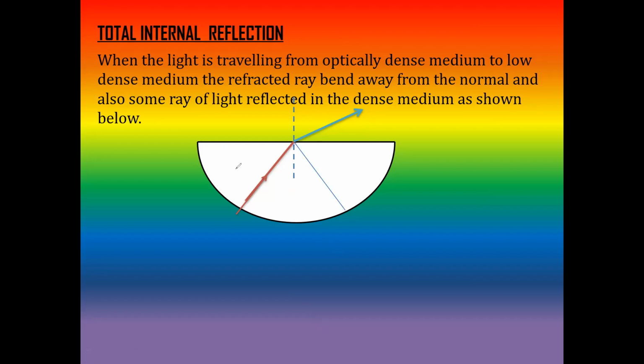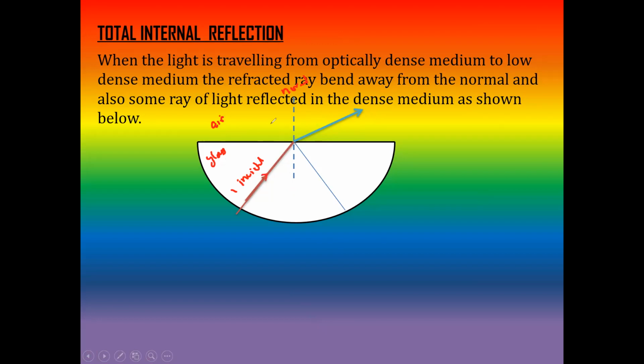This is the incident light. The imaginary line perpendicular to the surface is the normal. When the light is in the denser medium, because this is glass, which has a high density, and outside there is air, which is a low density or rarer medium, the light strikes the surface.